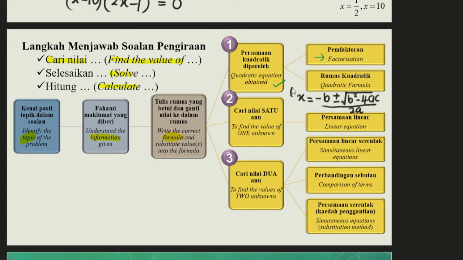So this is the quadratic formula that you need to use. Make sure you use this when your calculator gives decimal values. This is a key point, so you should know when to use this.